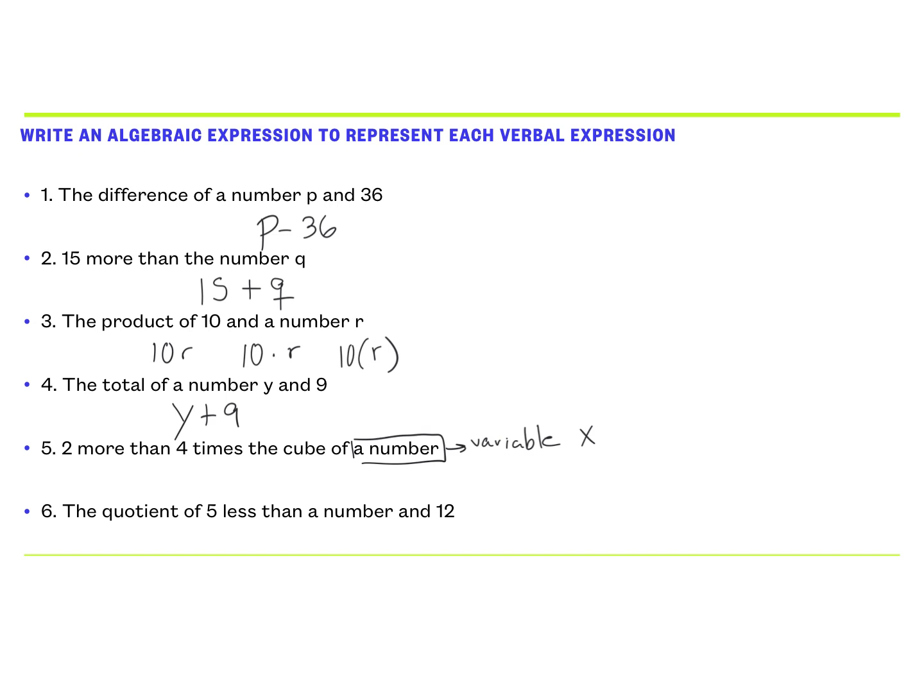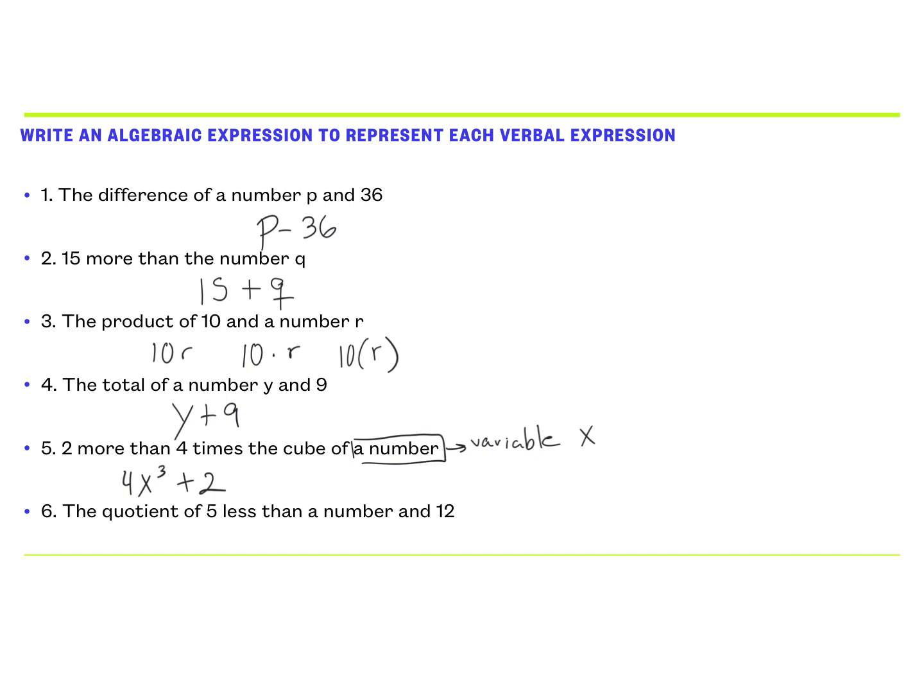So it'll be 4x cubed, right? And then it says 2 more, so we'll add that to the multiplication. So it'll be 4x cubed plus 2.